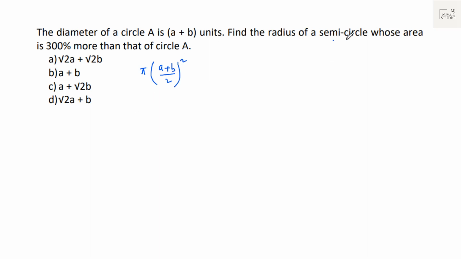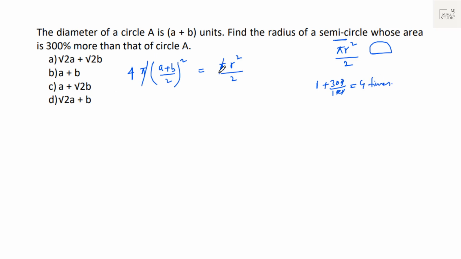Now the area of a semicircle is given by pi r square by 2, because it is half of the circle. Its area is 300% more than the area of circle A. That means this area, pi r square by 2, is 4 times the area of circle A. 300% more means 1 plus 300 by 100, that is 4 times.